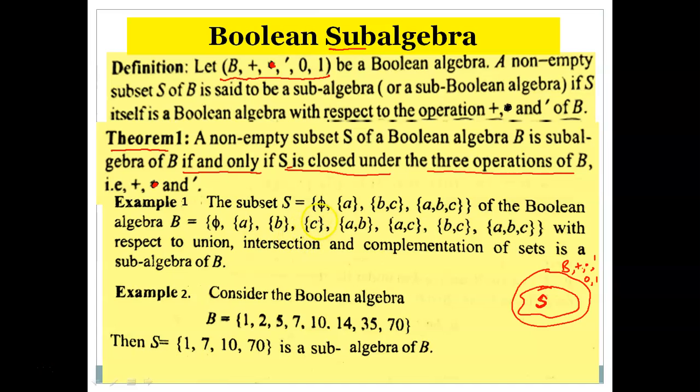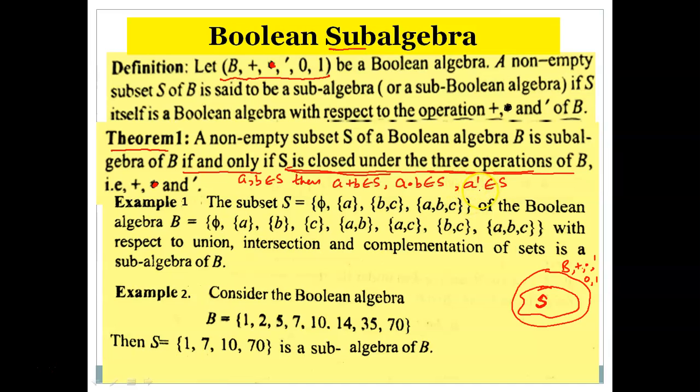So just understand the meaning of this. What is the meaning of the statement that S is closed under these three operations? It means that if you take A, B, two elements from S, then A plus B also belongs to S, A dot B also belongs to S, and A complement also belongs to S. In place of A, you can write B complement also belongs to S.